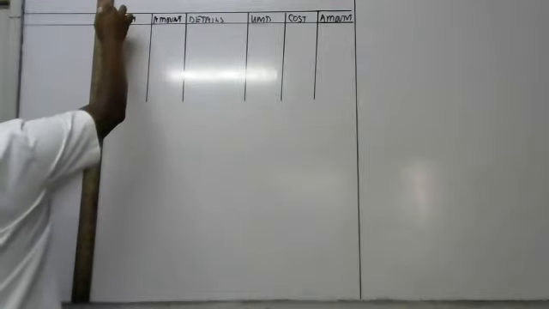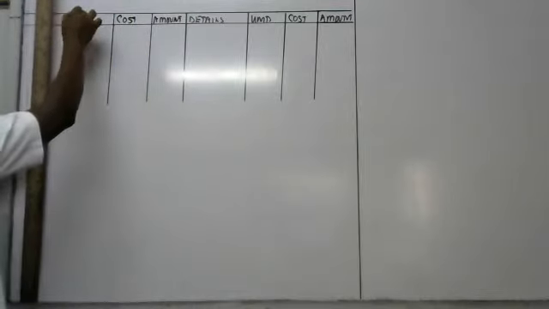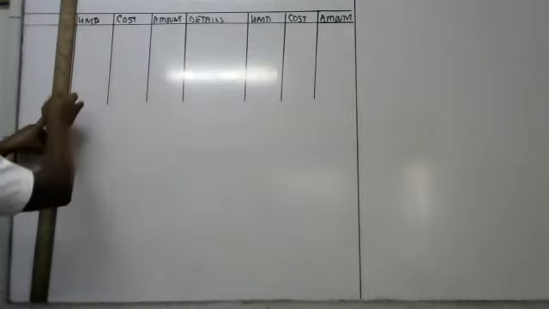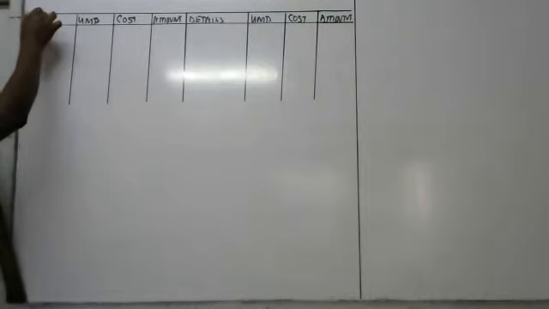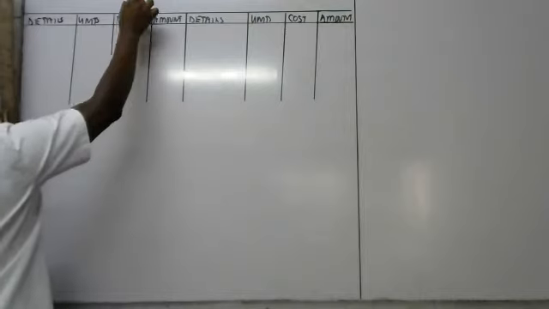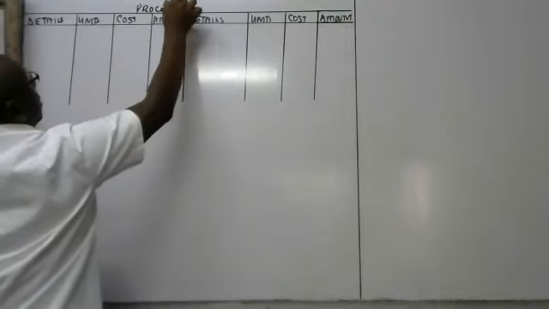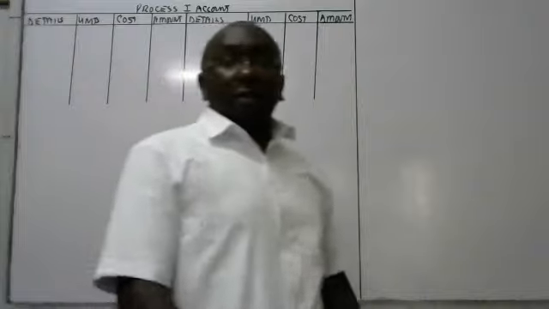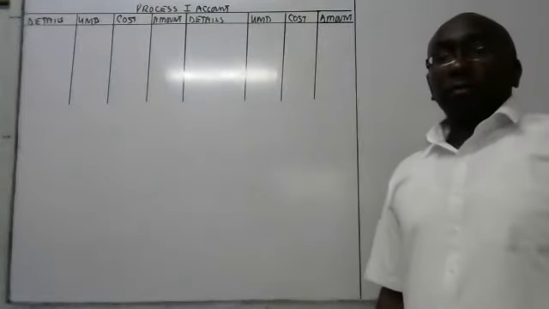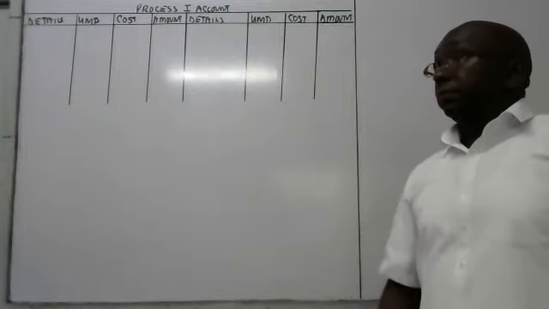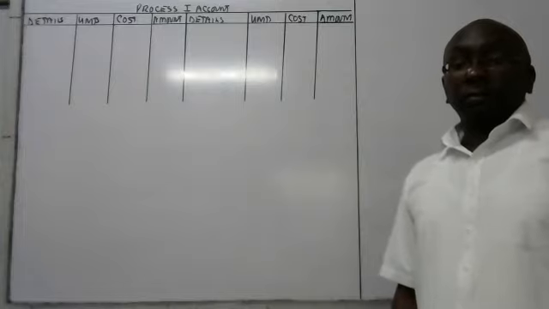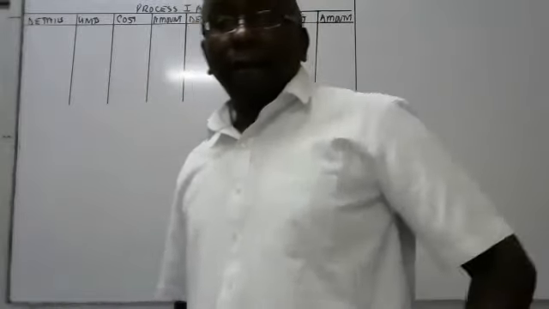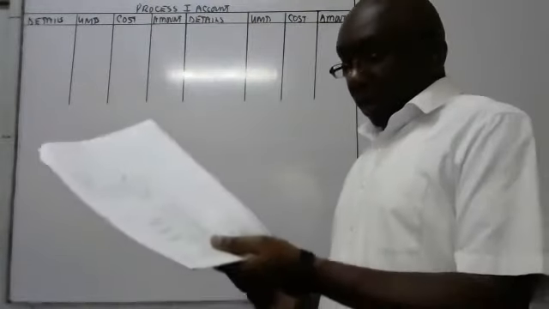We have costs. We have units. And we have details. And this is the process 1 account.